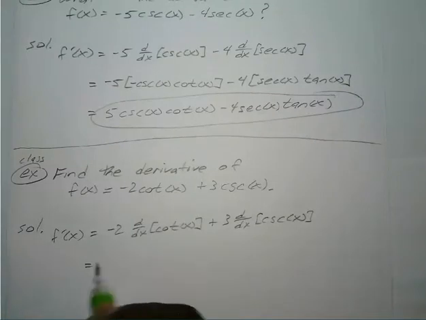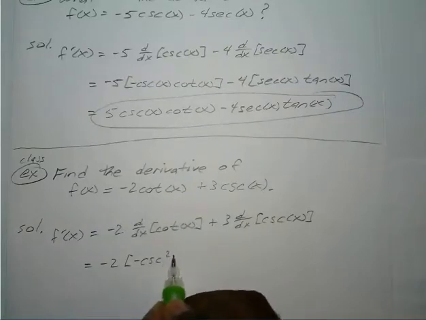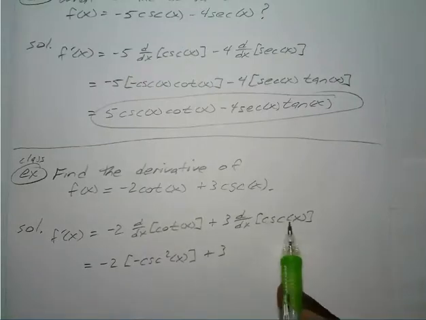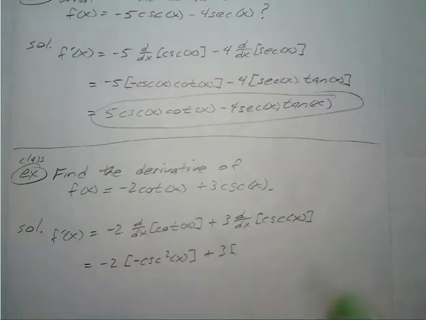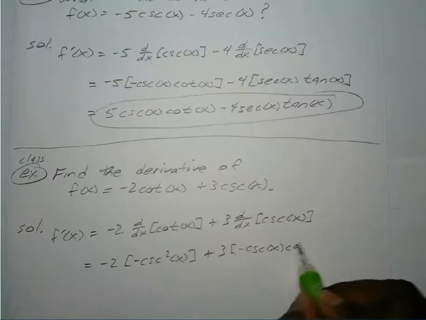So that ends up equaling -2 times the derivative of cotangent, which is negative cosecant squared, plus 3 times the derivative of cosecant, which we know up here is negative cosecant times cotangent.